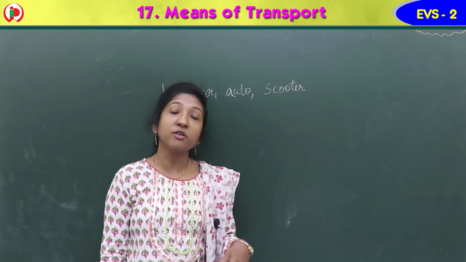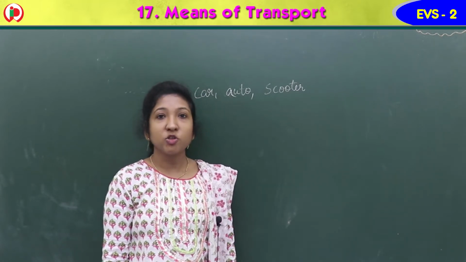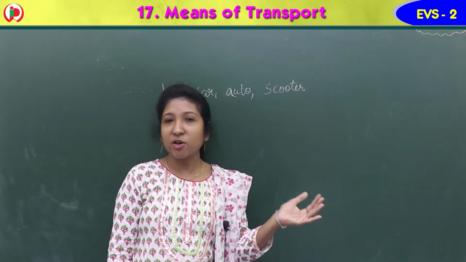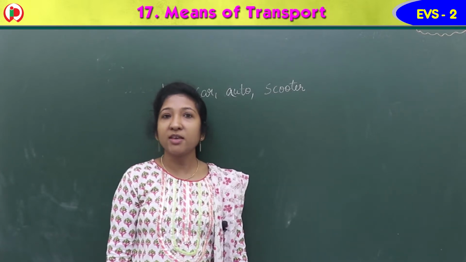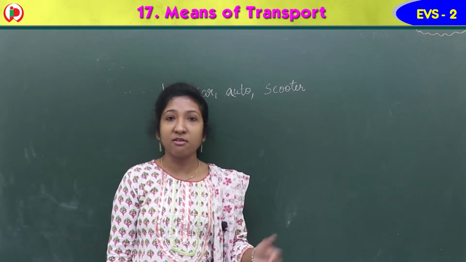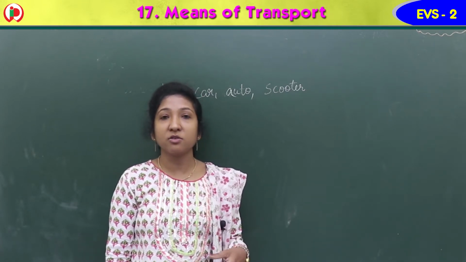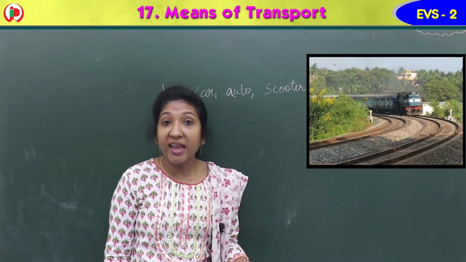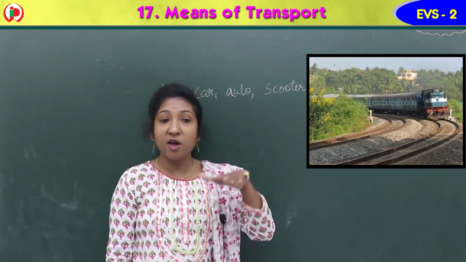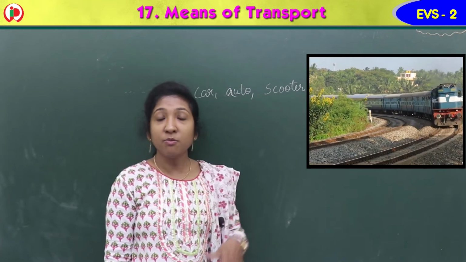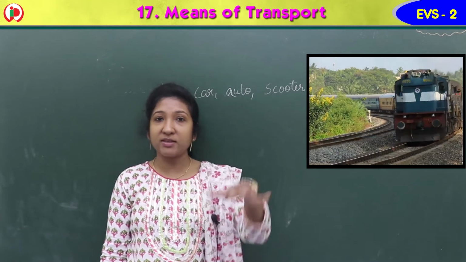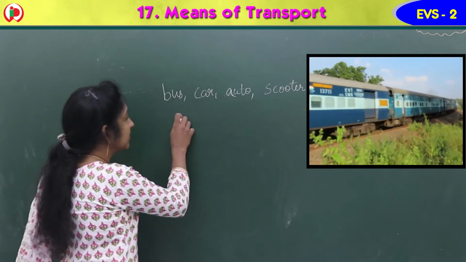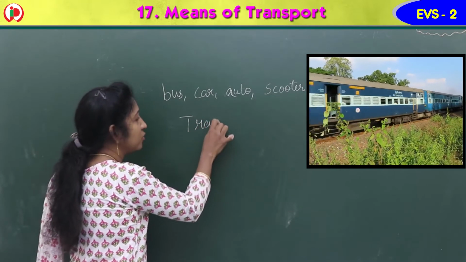Yes, suppose you want to go a long distance to your relative's house who stays far away, to another city or another state. You are living in Hyderabad, you want to go to Bangalore or Kerala or Maharashtra. So you prefer train, isn't it, children? Train runs on rails, or railway track, we say. So for a long journey sometimes we use a train that moves on rails.